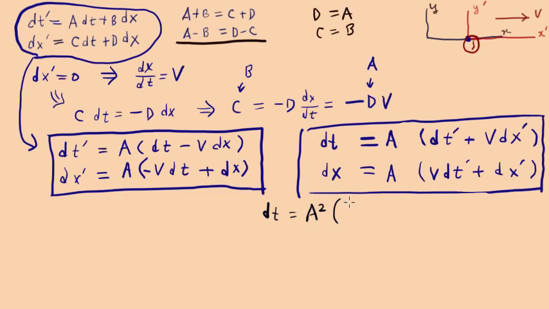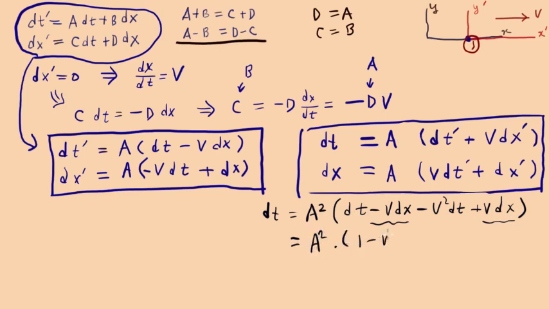And so what I get is dt minus v dx, and then v dx prime, so I multiply this one with v, and I have already taken out a, so this becomes negative v squared dt plus v dx. Aha! You can see that this and that cancel out, so what you get is a squared times (1 minus v squared) dt.